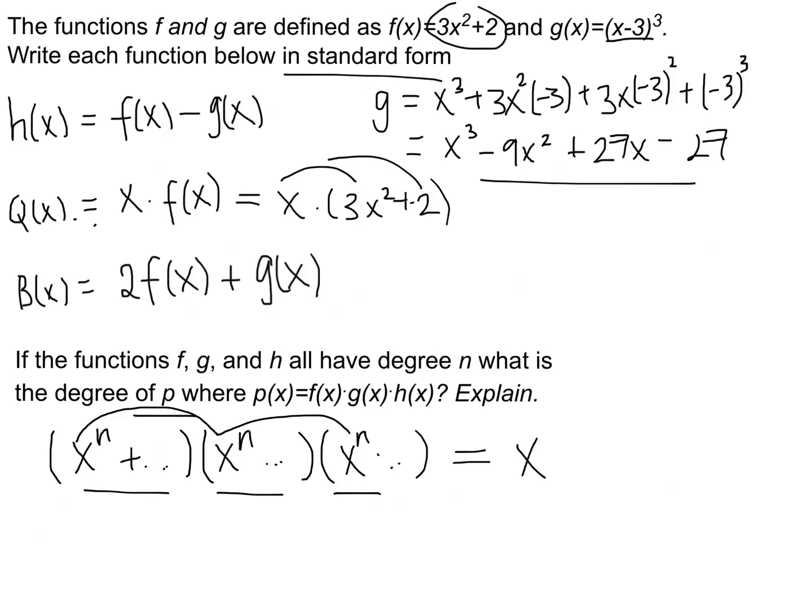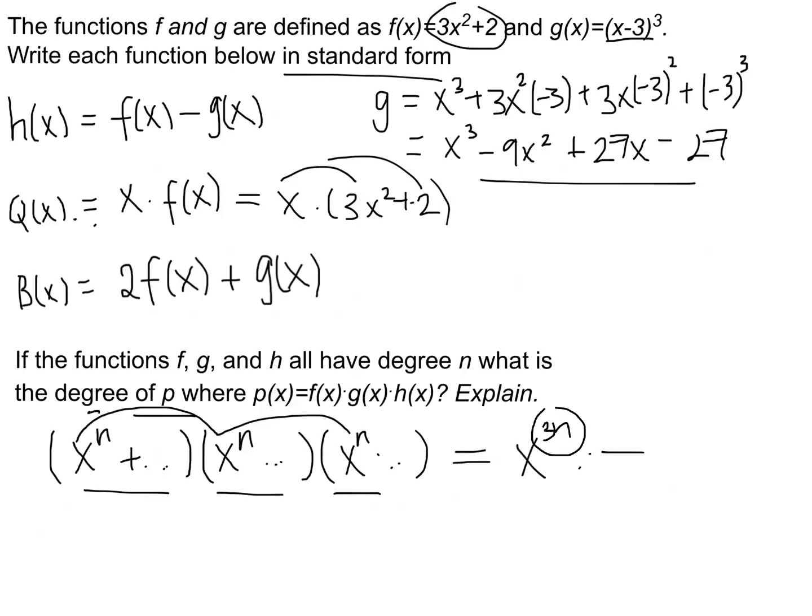3n. Think about it. When I multiply x to the n times x to the n, I add the exponents, so I'll have n plus n, which is 2n. Then I'll multiply that by another x to the n, so I have 2n plus another n, which is going to be 3n. And then I'll have some other stuff, but all of that's going to be smaller, so the degree of p is going to be 3n. You could try this out.